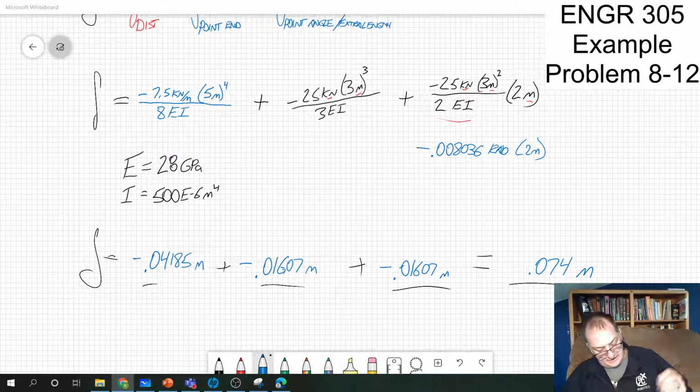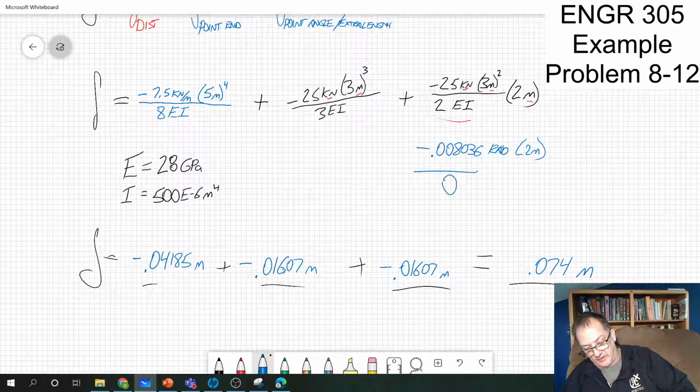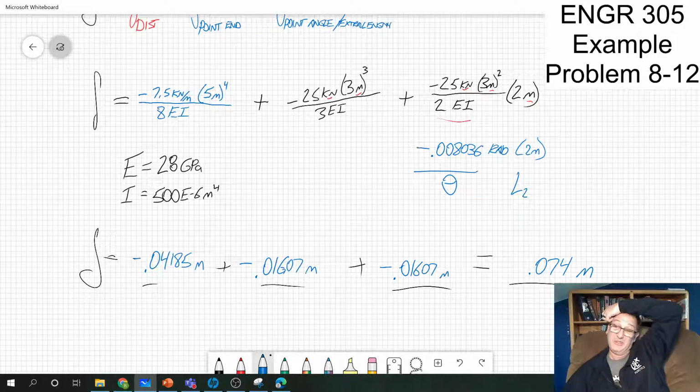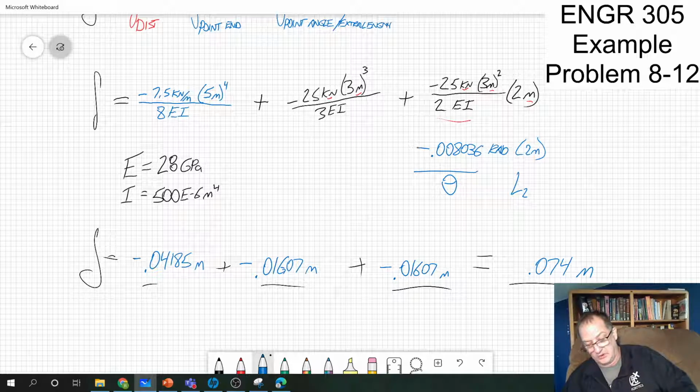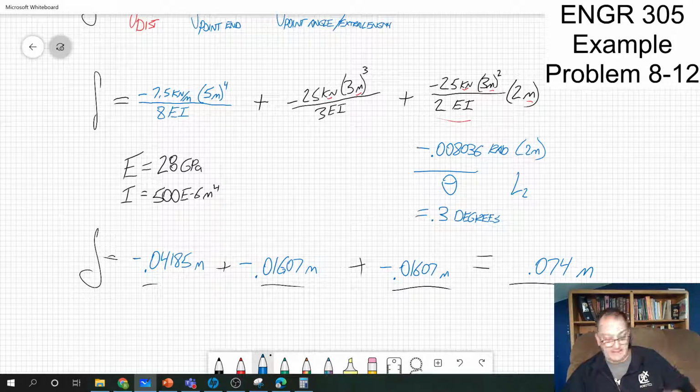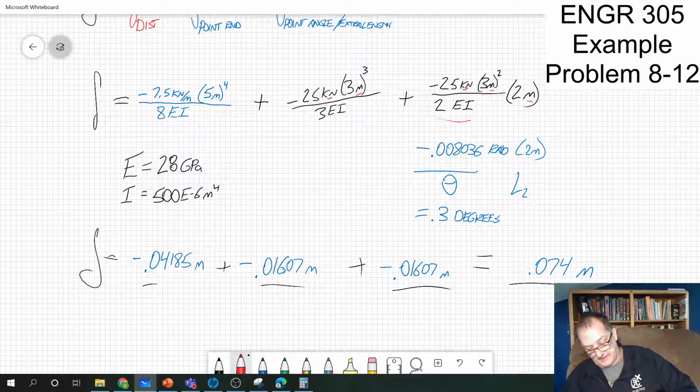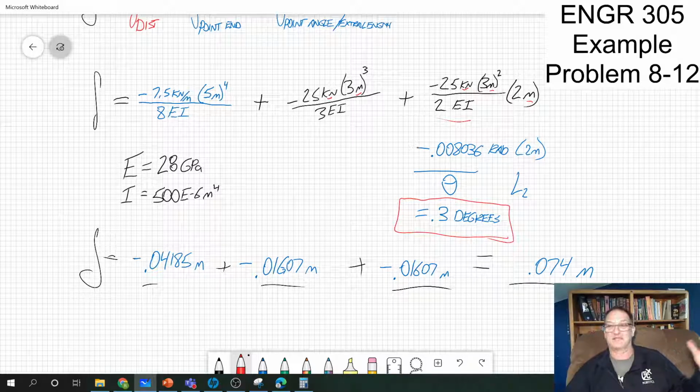So I did this in two steps. First, I calculated just the angle theta, and then I multiplied it by, I guess we're calling it L2, so that I could look at that angle separately. I wanted to convert that because I don't have a sense of radians.